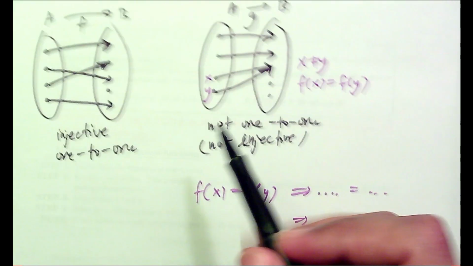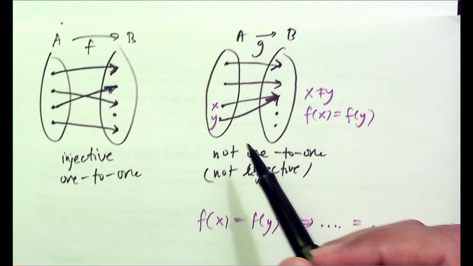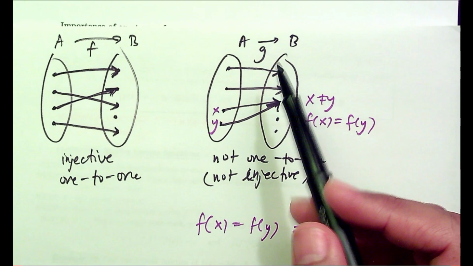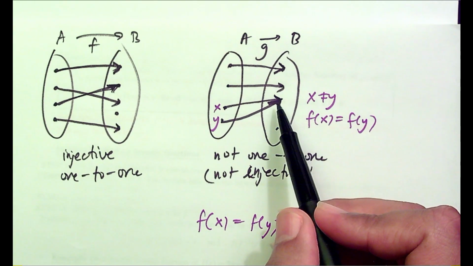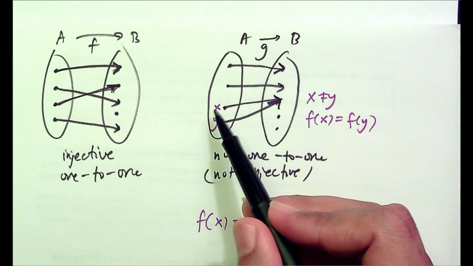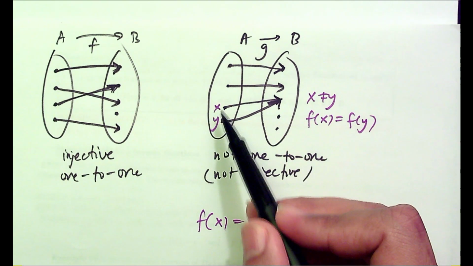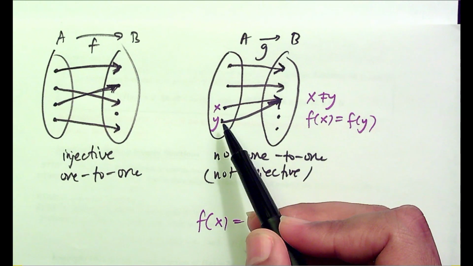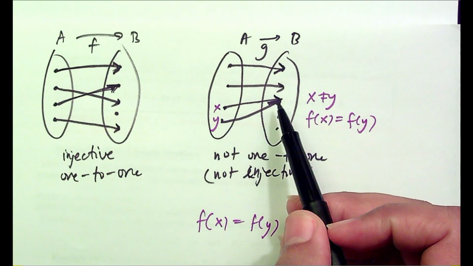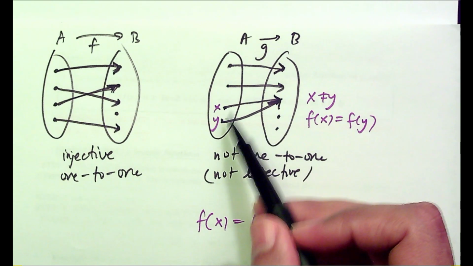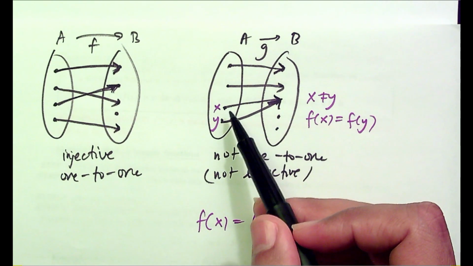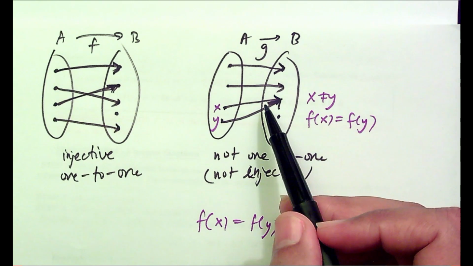However, if the function is not one-to-one, such as this one, and you tell me that the output is this, then I could not tell you what the input was because it could have been this one, or it could have been this one. If all you do is tell me the output, there's no way for me to figure out which was the original input because they both give me the same output.